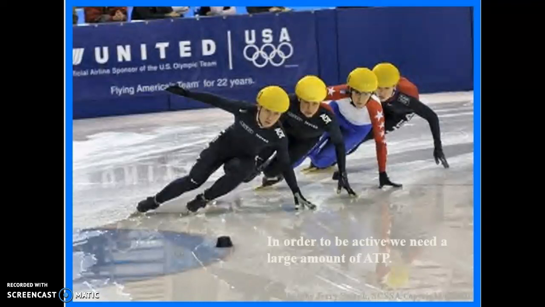So the goal is, for us at least, we want to run aerobic respiration because it gives us the maximum return on ATP. If we shift over and go into anaerobic, we still make ATP, but it's just minimal amounts, and it's not enough for our bodies to function and survive.